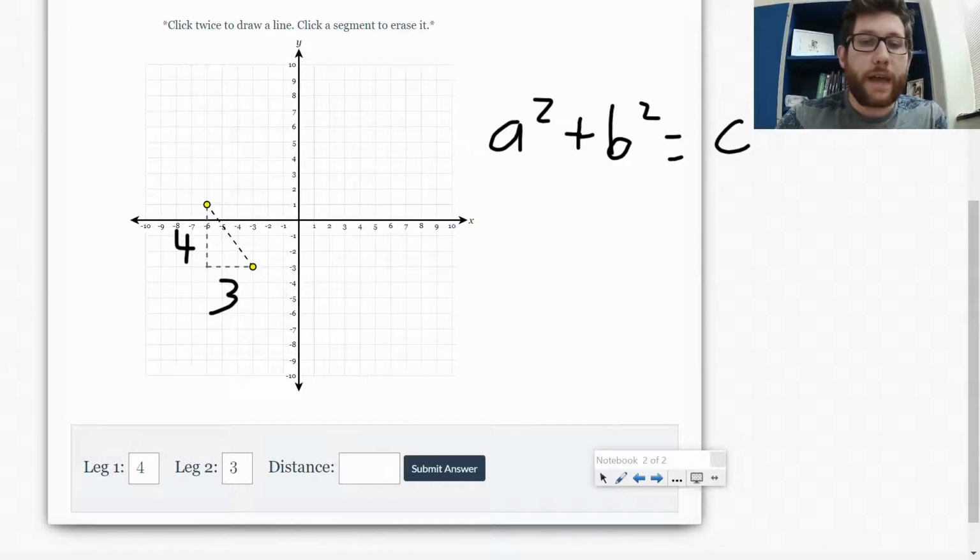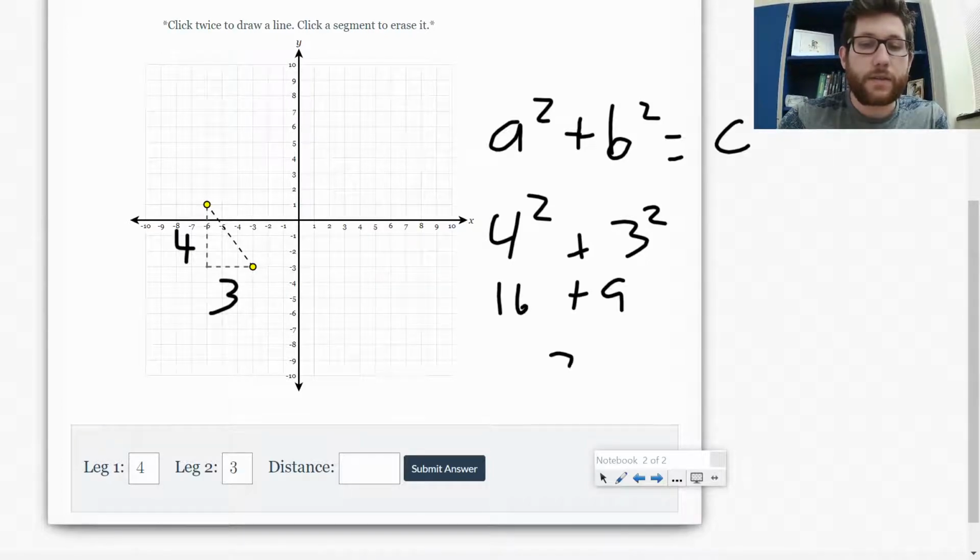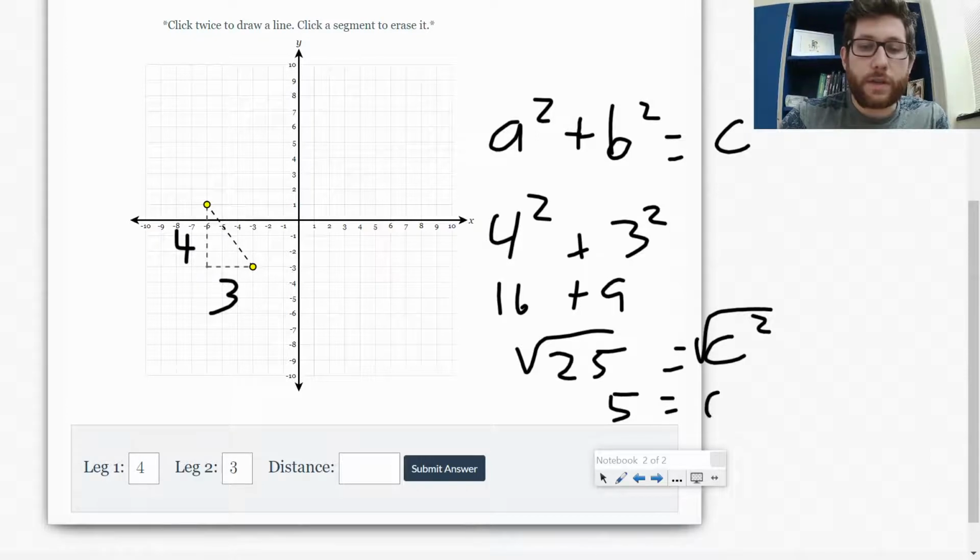So in this case, my a and my b, that's 4 squared plus 3 squared. And so if I square these out and add them, I get 16 plus 9. That's equal to 25. It's equal to c squared. And we'll take the square root of both sides. And I get 5 is equal to c. And that's going to be my answer here. I'm going to put 5 in right here for my distance.